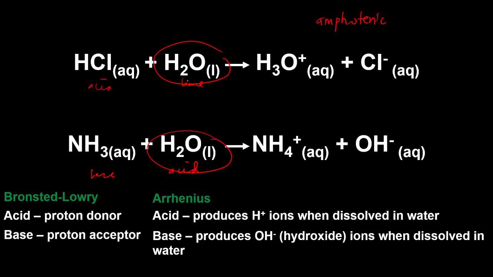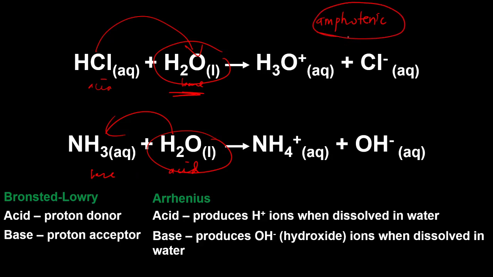So in the first reaction, H2O acts as a base, accepting the proton from HCl. Then in this case, it acts as an acid, donating a proton to the base. Again, we call this amphoteric.